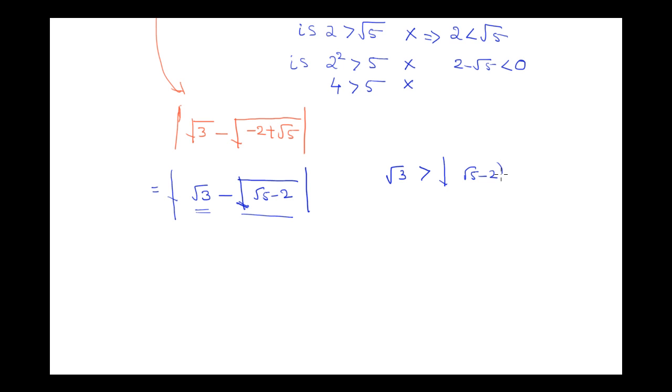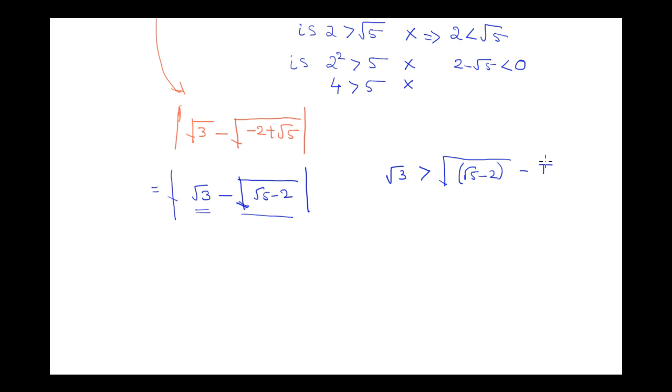We are making an assumption because we don't know the values of root 3 and root 5. Now let's say that this assumption is true.